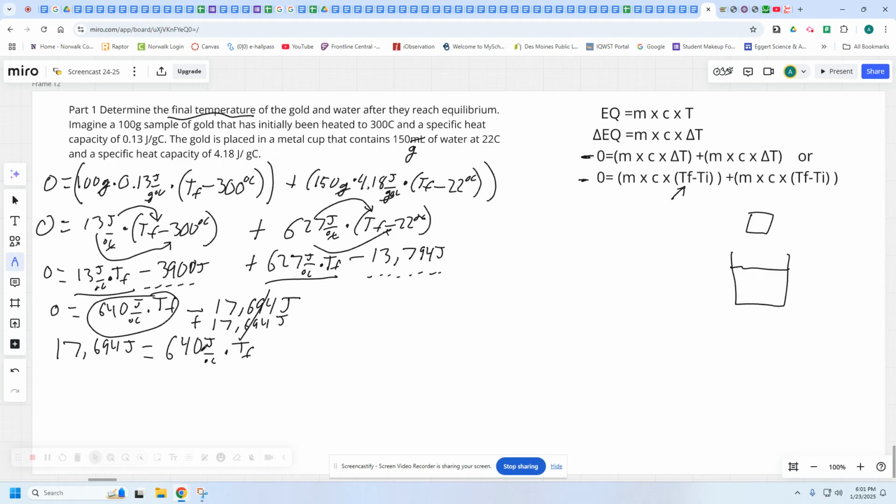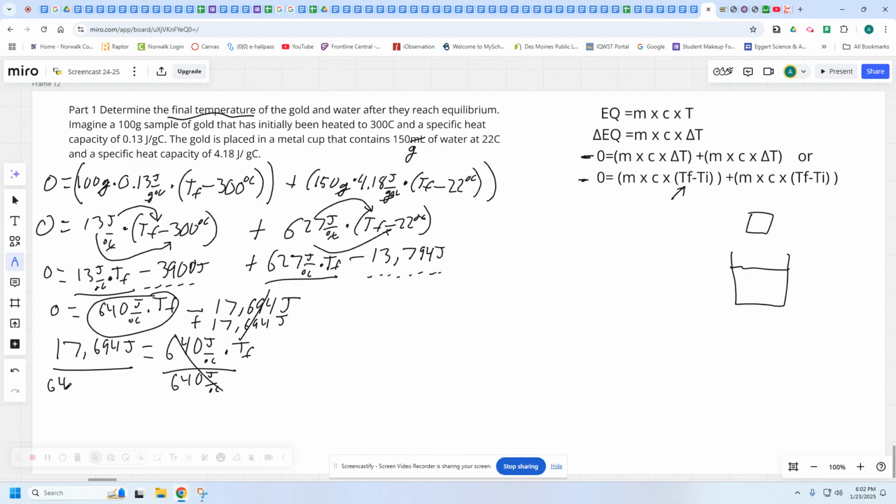And now TF is stuck to the 640 through multiplication. Most students will say to divide that to cancel out the 640. It cancels out both packages, but you must do it to the other side now.